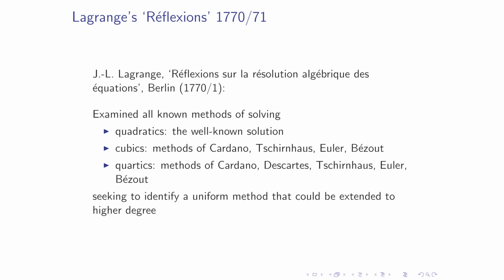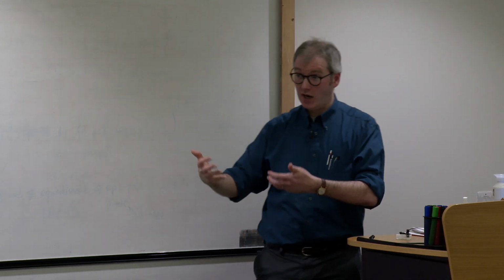He looks at Cardano, Schoenhaus, Euler, Bezout, Descartes, everybody, and pools everything they've done and examines their methods. He's trying to find a common thread across all of these methods in the hope that you can adapt this to higher degrees. And the reduced equation is what he picks out as being this common thread.